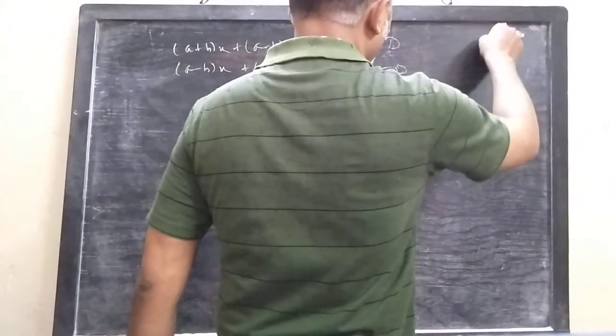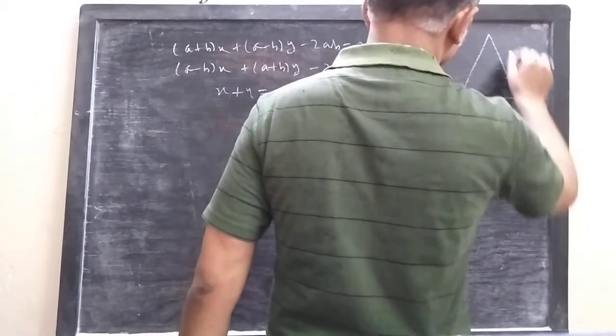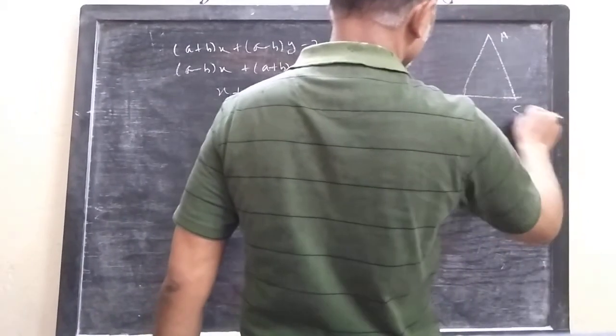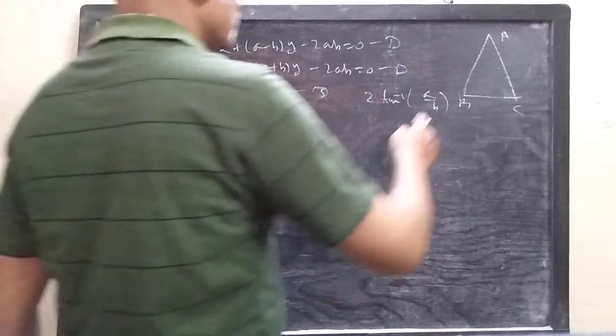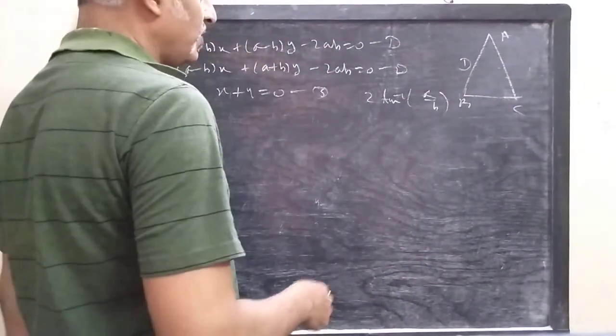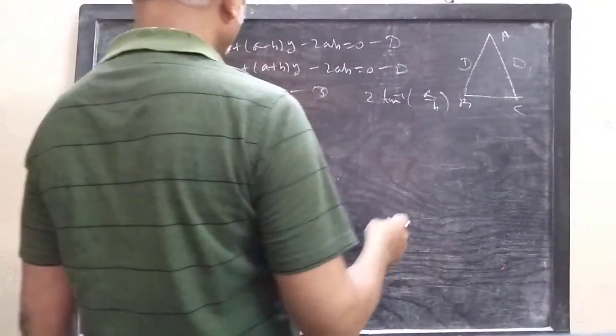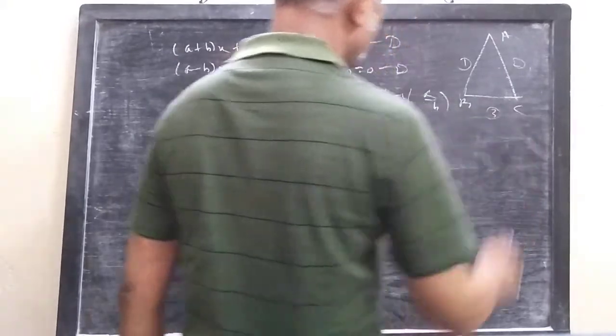So let us draw a triangle here, ABC. Say 1 represents side AB, 2 represents side AC, and 3 represents side BC.